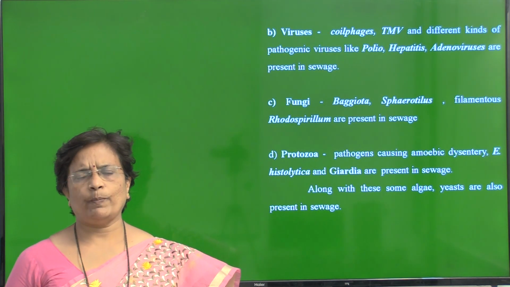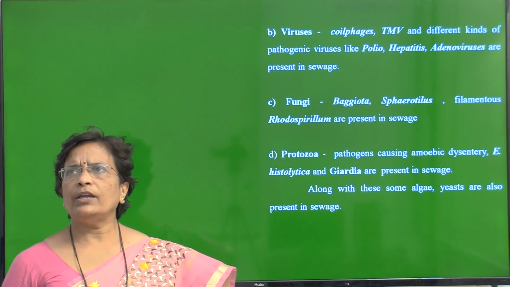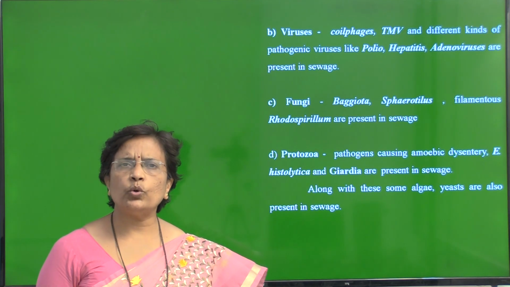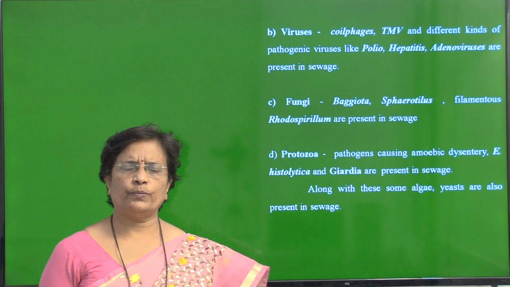in sewage. Then different fungi like Zoogloea, Sphaerotilus, and filamentous Rhodospirillum are also found in sewage.